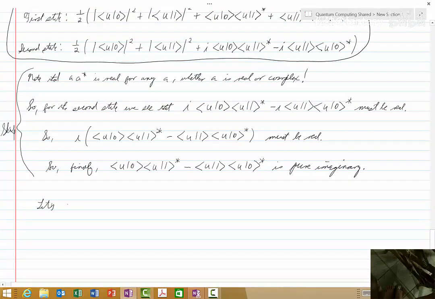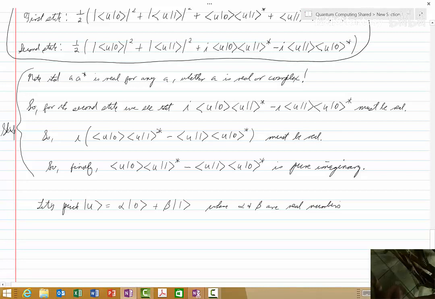Let's pick u to be equal to alpha times the 0 ket plus beta times the 1 ket, where alpha and beta are real numbers.